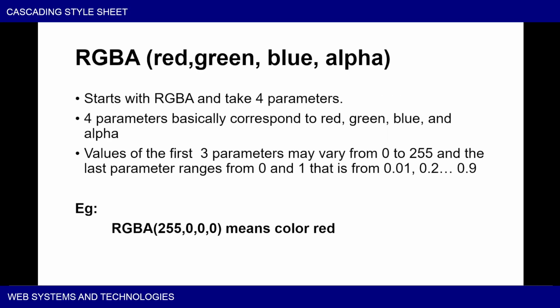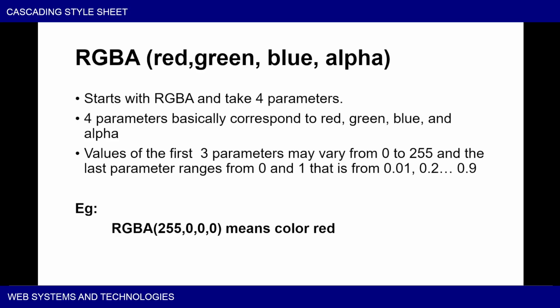And another color that we use is the RGBA, or the red, green, blue, alpha. It starts with RGBA and takes four parameters. The first three parameters are for red, green, and blue, and the alpha is the last, or the fourth one. The values of the first three parameters again may vary from 0 to 255, but the last parameter ranges from 0 to 1.